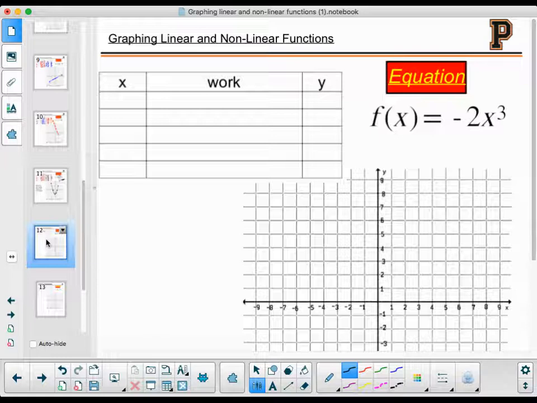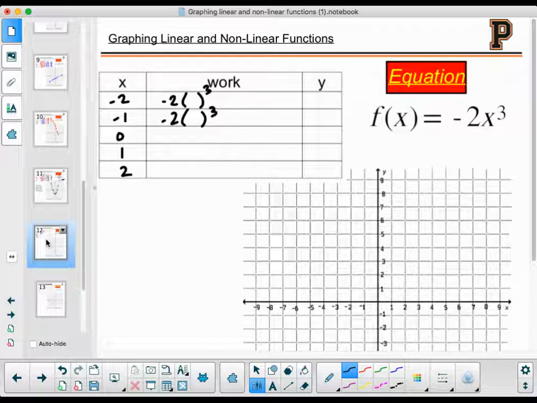-2x cubed. So I'm going to throw in -2 through +2. Again, be really careful about showing this correctly. So we got -2 times the number to the third, -2 times the number to the third, and so on.